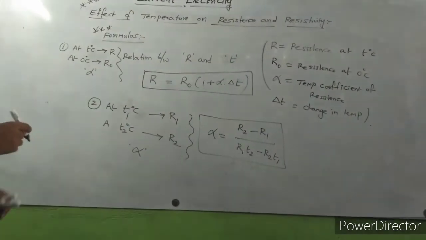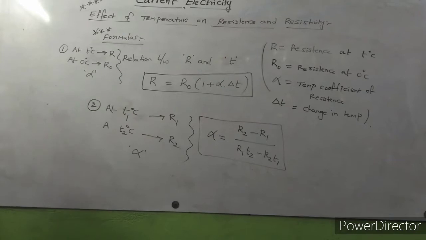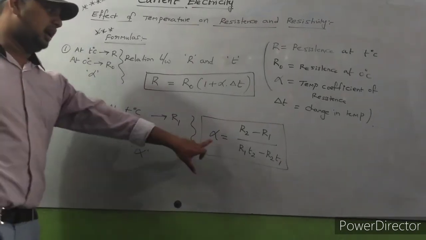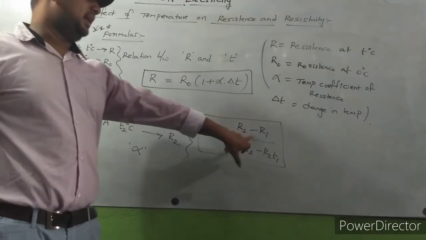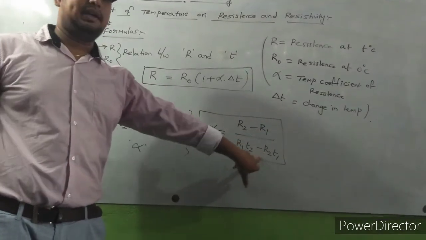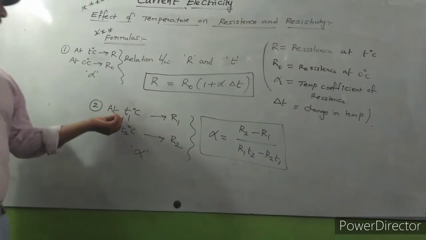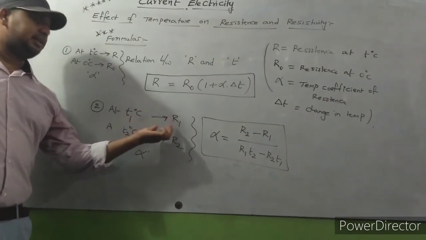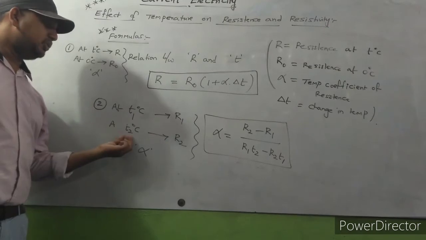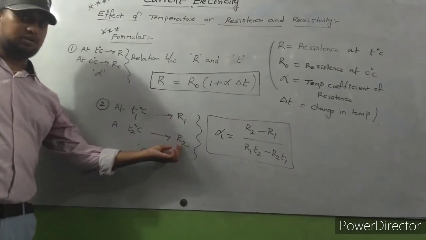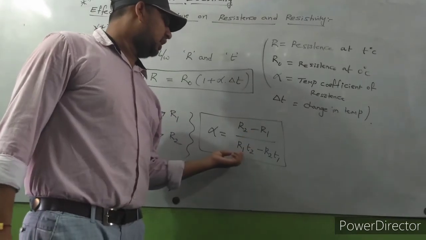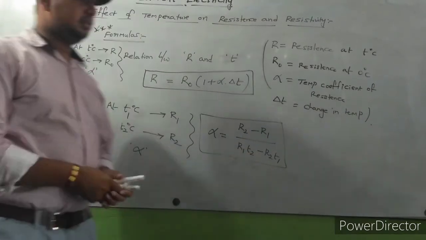At T1 degree Celsius the resistance is R1, at T2 degree Celsius the resistance is R2, and the alpha value is R2 minus R1 by R1 T2 minus R2 T1.